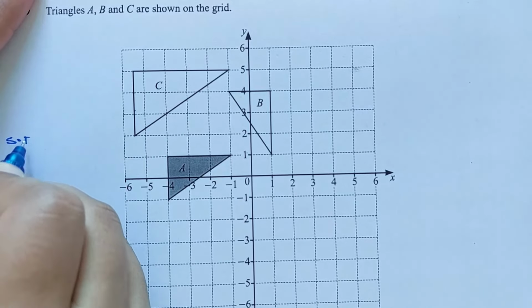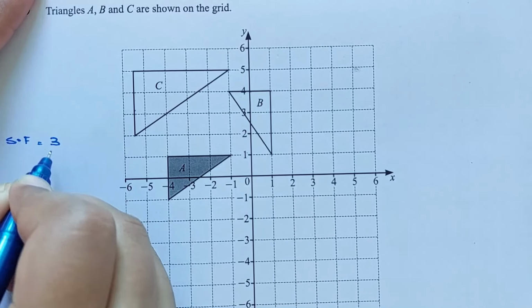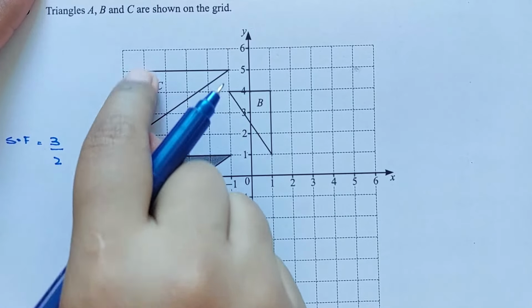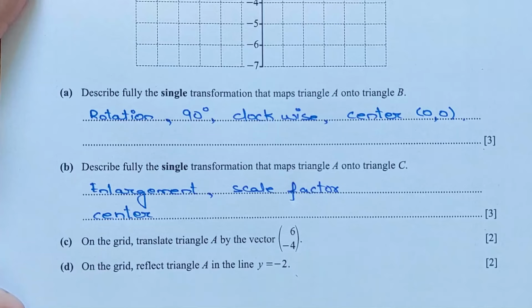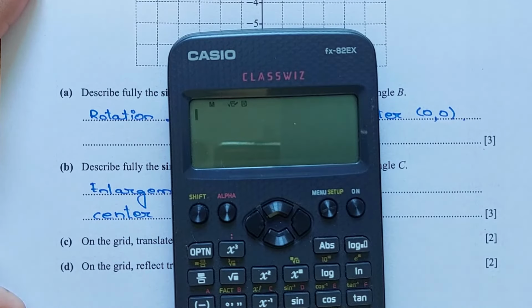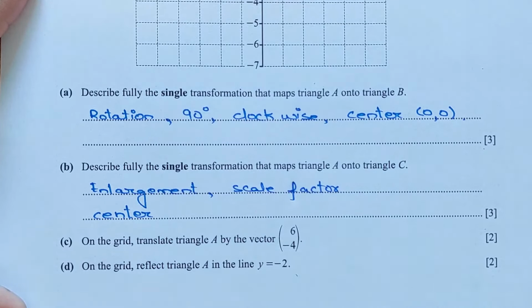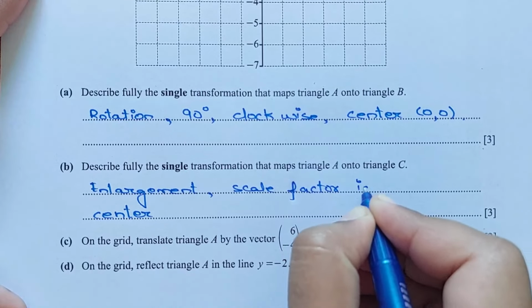So the scale factor is the new shape over the original shape, 3 units over 2 units. The scale factor is 3 by 2, which is 1.5.